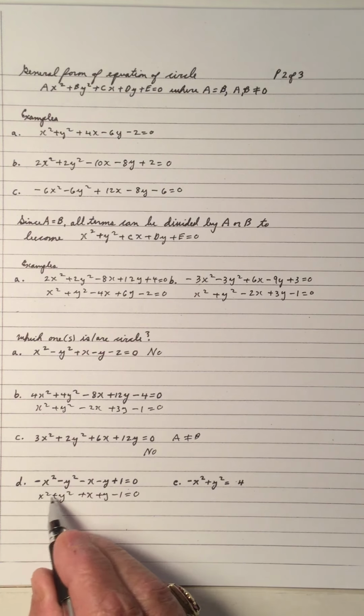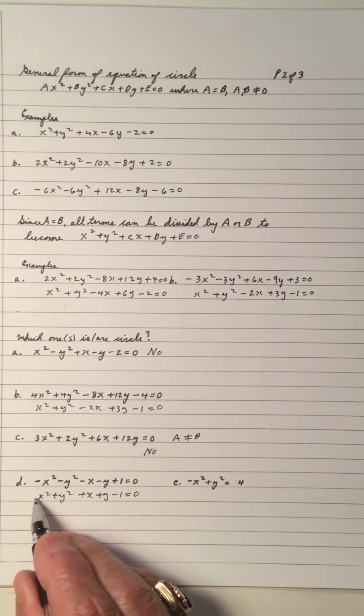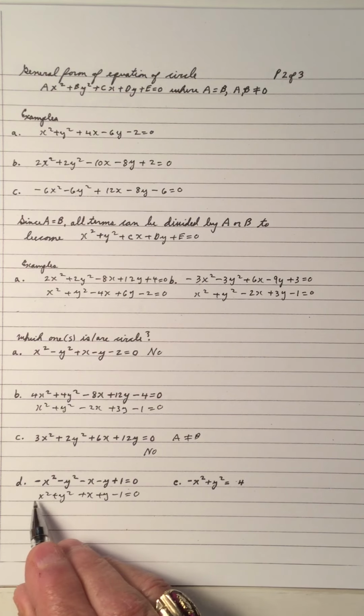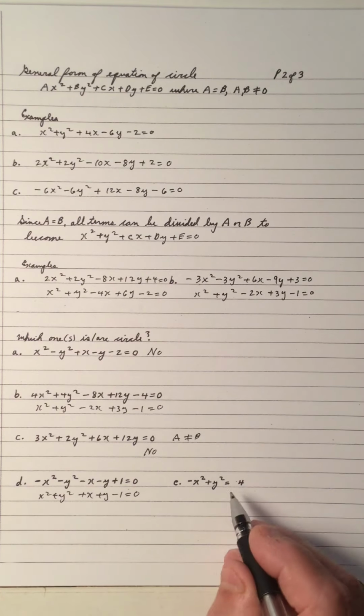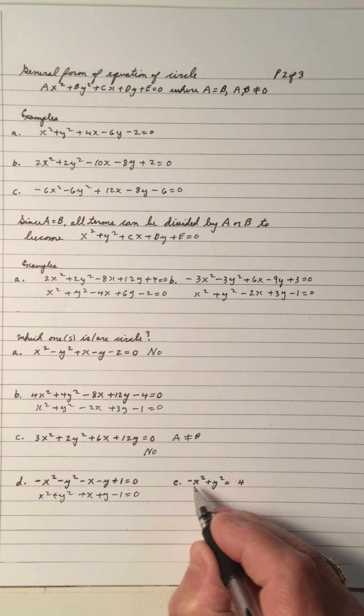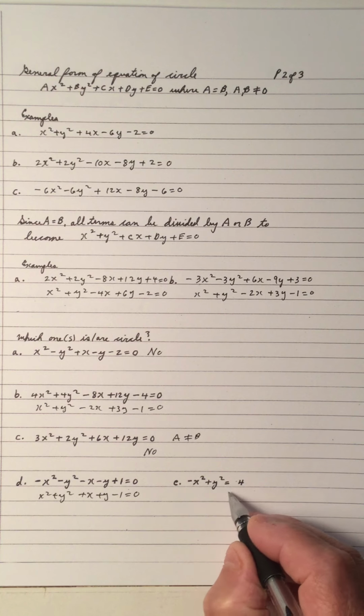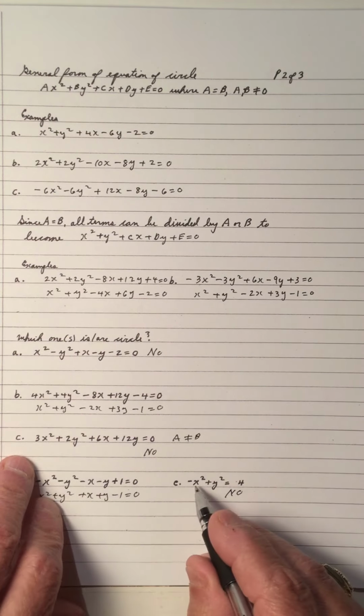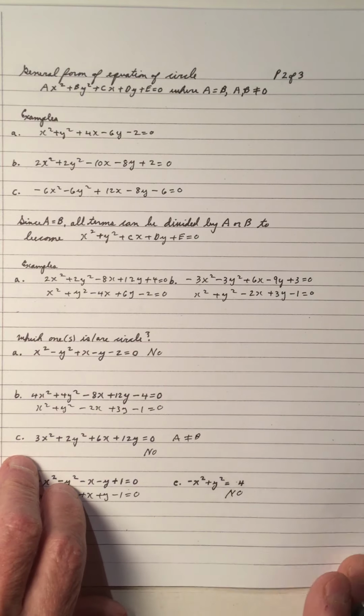So the a and the b are equal, and we have a plus, so we can change it to the equation of a circle in general form. And right here we have a negative 1 and a positive 1, so they're not the same, so no, we can't have a circle. Because the a and the b are not the same, we can't divide.